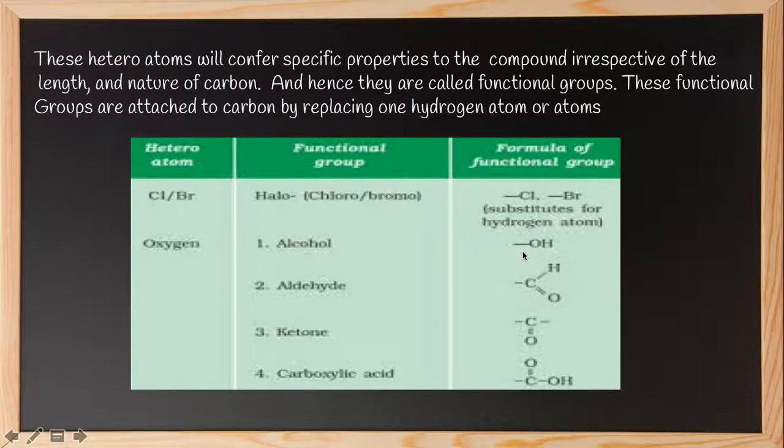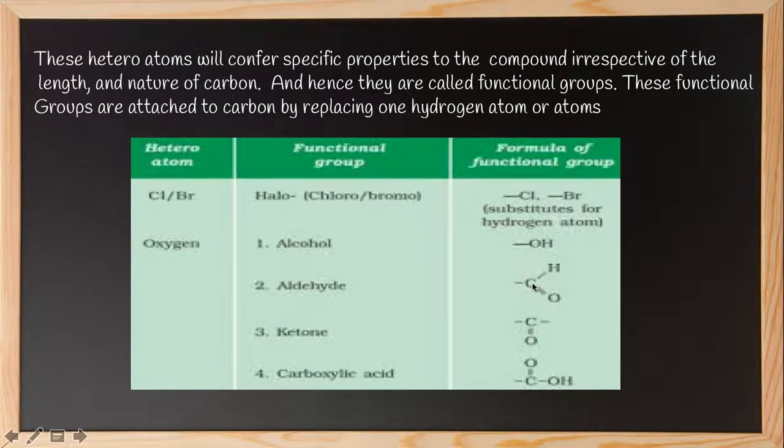So this OH is the functional formula of alcohol, which is a functional group. Whenever a single bonded OH is attached to a carbon, that compound is said to have the functional group alcohol. Next is the aldehyde.